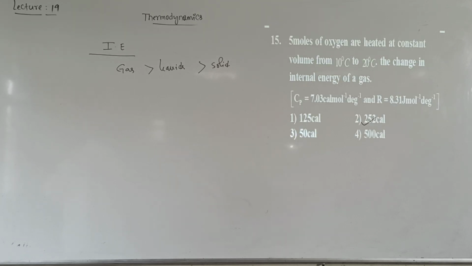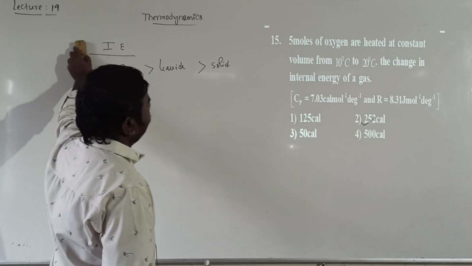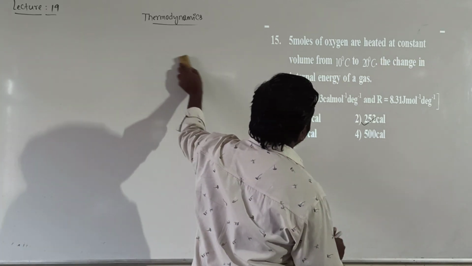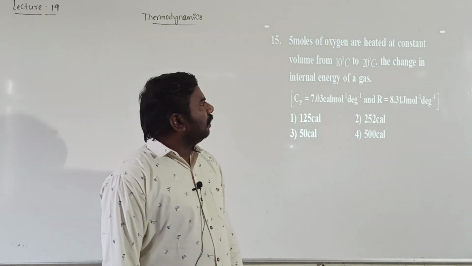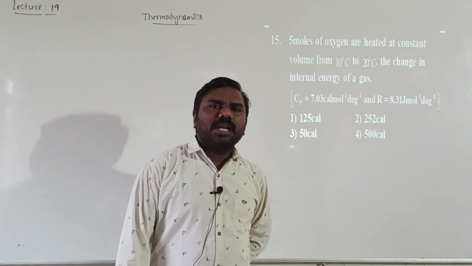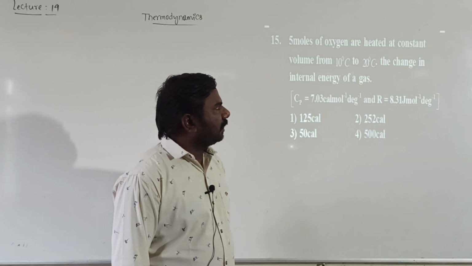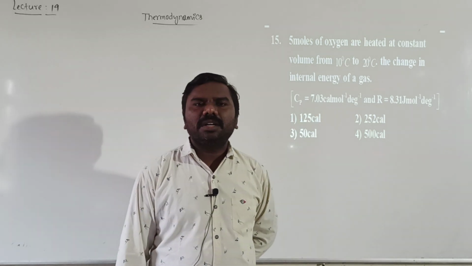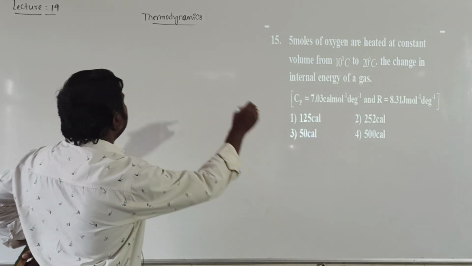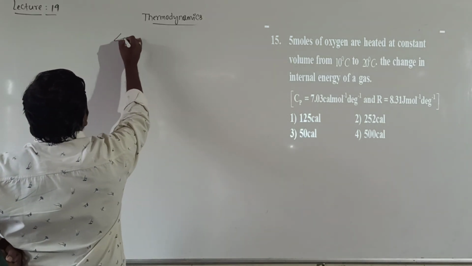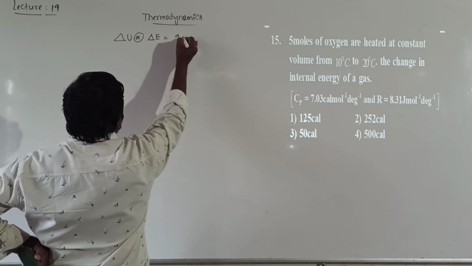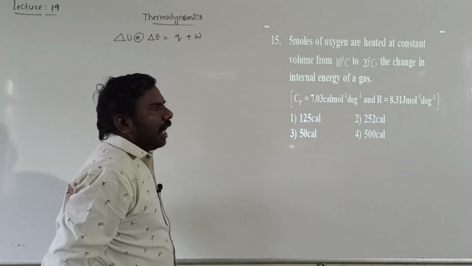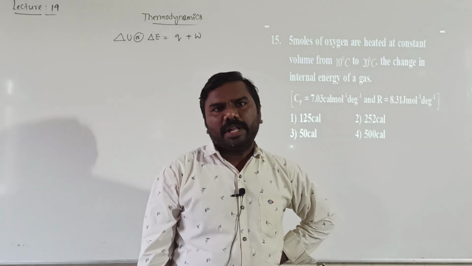5 moles of oxygen are heated at a constant volume from 10 degrees to 20 degrees Celsius. The change in internal energy of the gas was? Generally, internal energy is indicated by delta U, otherwise delta E, that is equal to Q plus W, according to the first law of thermodynamics.